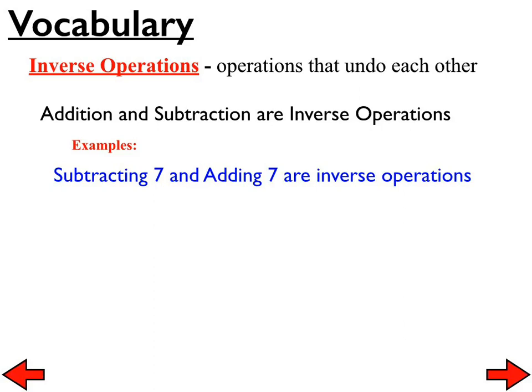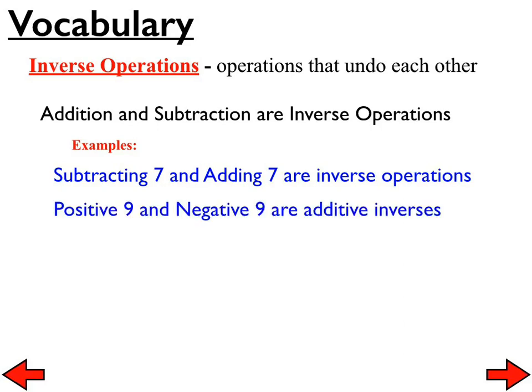Here's another example that you need to add to your notes. Positive 9 and negative 9 are additive inverses. And as we just talked about, Miro asked that question if they were, and they are. Subtracting 7 and adding 7 are inverse operations. Positive 9 and negative 9 are additive inverses. It's really the same idea.